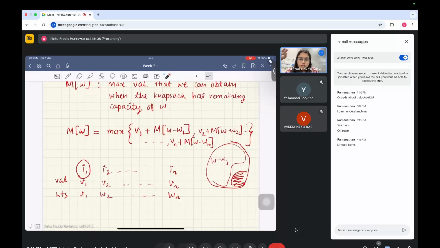So is this formulation okay? Is this relation making sense? What we wrote here, do you want me to repeat it?